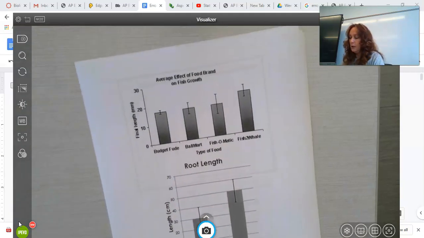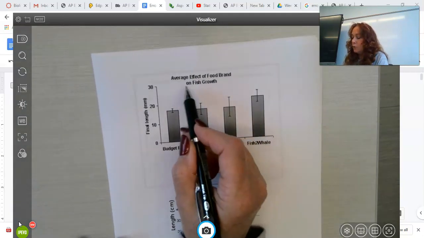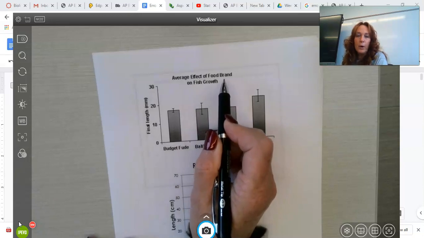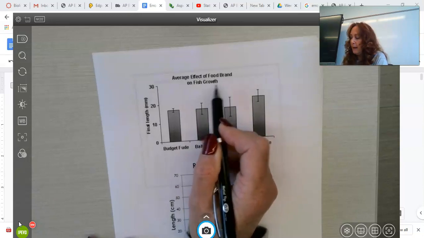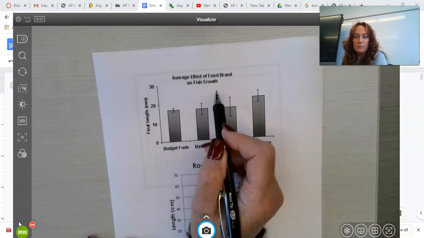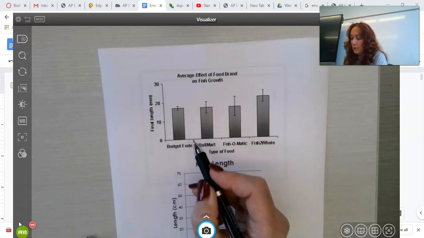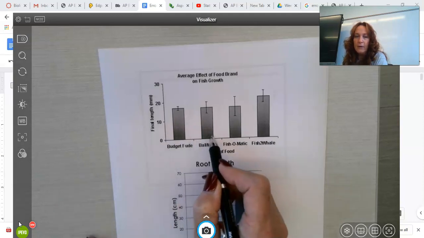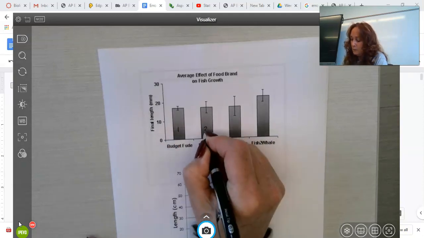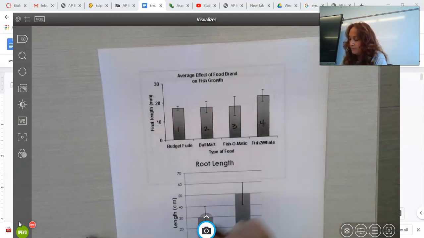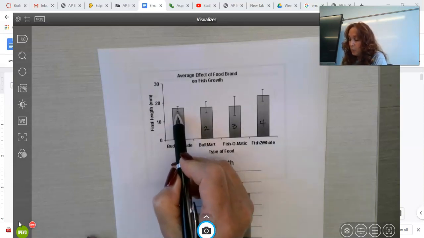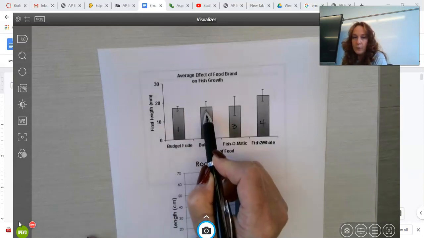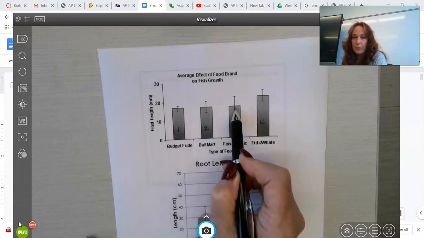So let's look here. So you got a bunch of food brands for fish, and they all say they grow big fish. Okay, well, let's see about that. Let's measure the fish. So they measured the fish, and they had fed these 4 different types of food. So I can say, from looking at these, that group 1 overlaps with group 2, which overlaps with group 3.